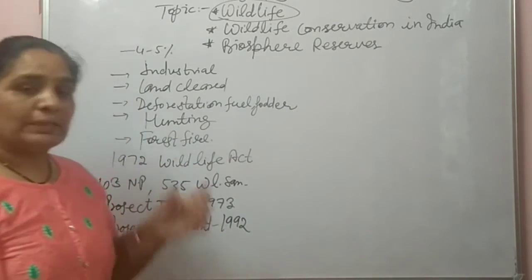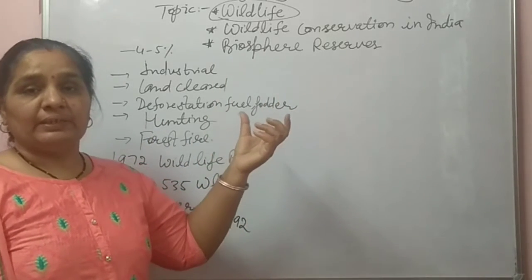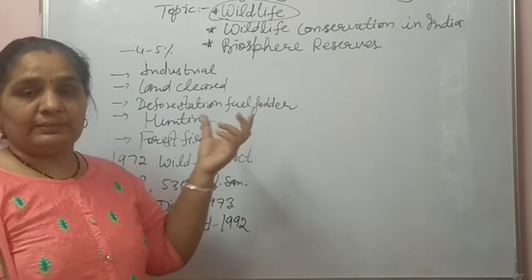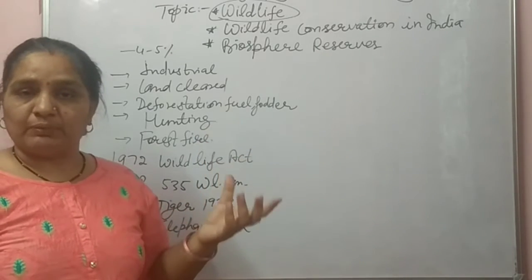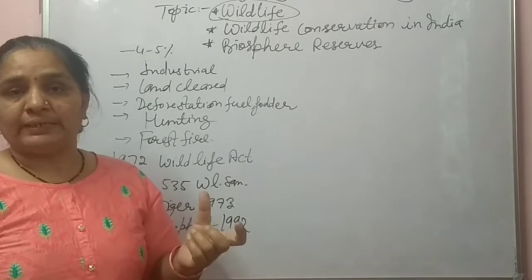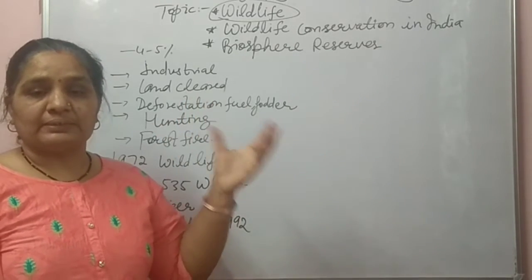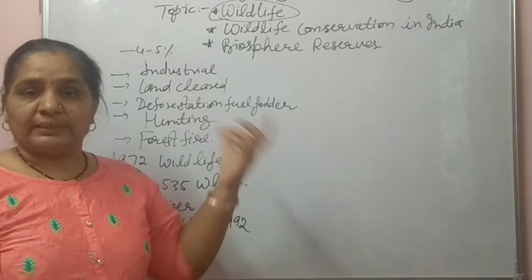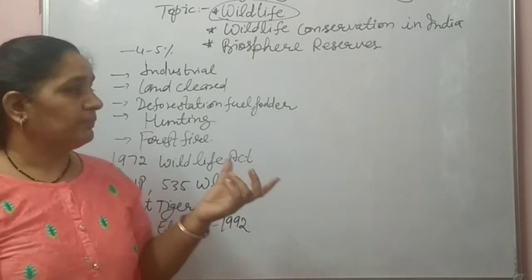So all the natural habitats where wildlife lives are now decreasing day by day due to the increasing population, and the increasing demand for food items, fodder, timber, furniture and other things which we use daily.